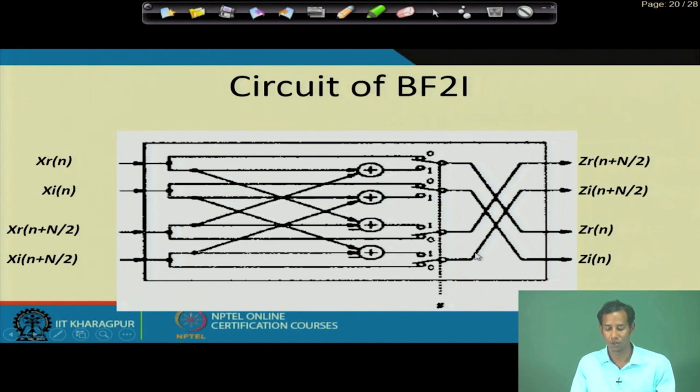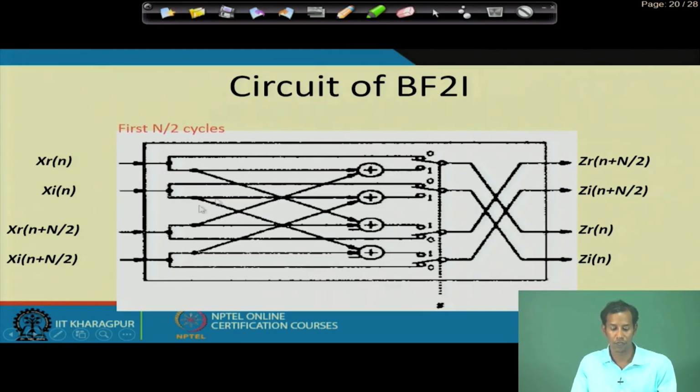This is the corresponding structure of the butterfly 2 unit, where it takes 4 inputs: real of n, imaginary of n, real of n plus n by 2, and imaginary of n plus n by 2. It produces z real of n plus n by 2, z imaginary of n plus n by 2, and z real of n, z imaginary of n.